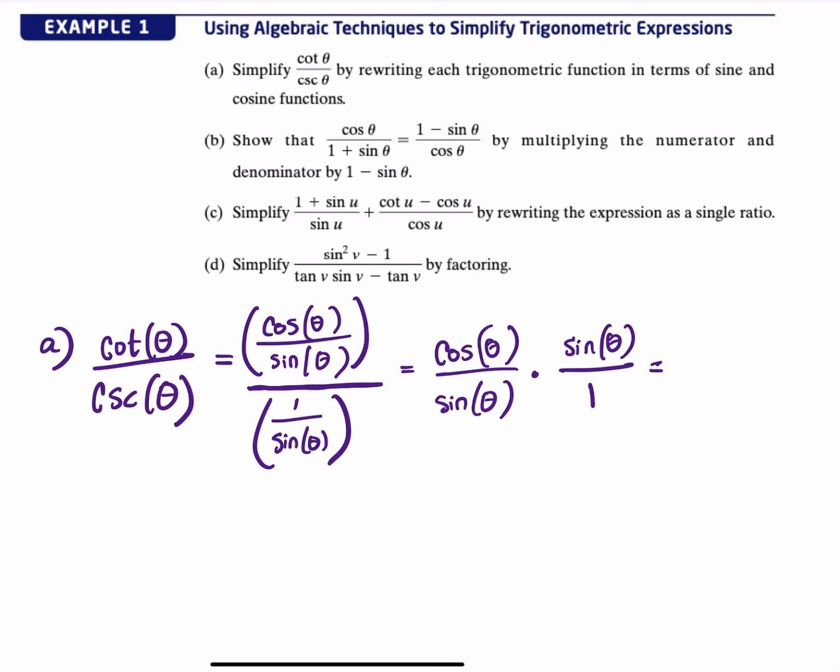Notice here, these sines will cancel and we'll just get the cosine. So this simplifies. This is a general method for reducing some complicated trig expressions. I'll just describe it generally as convert everything to sines and cosines.